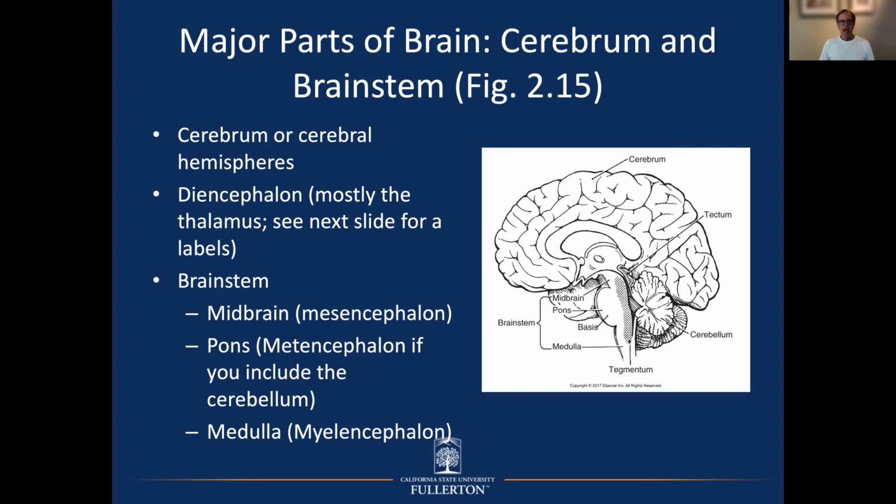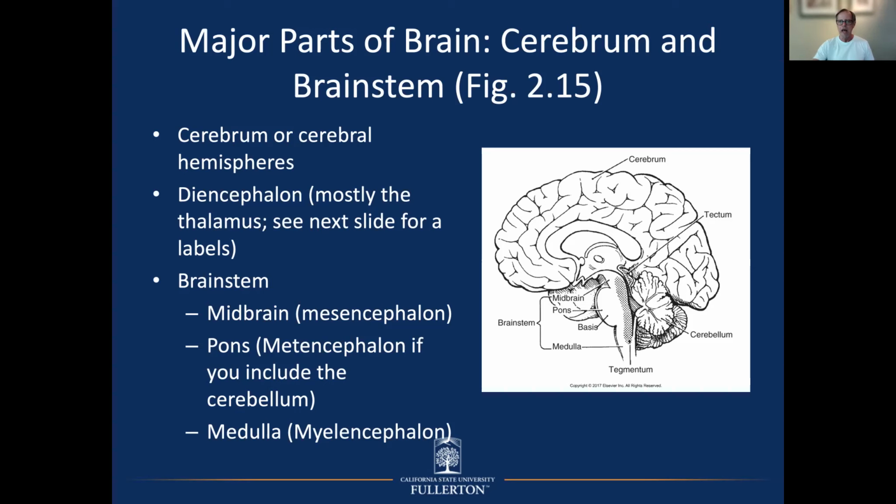Also, part of the brain is the diencephalon, and that's going a little deep to the cerebrum. It connects actually the brainstem, which is a part of the brain, with the cerebrum. The diencephalon does, and that consists mostly of the thalamus, although we'll look in a little more detail at that in this series.